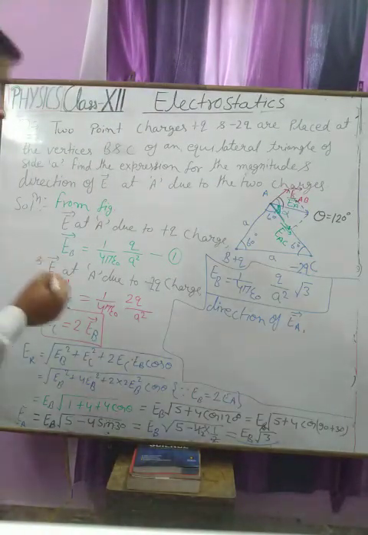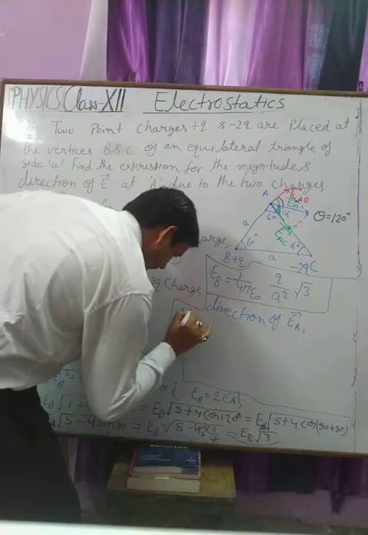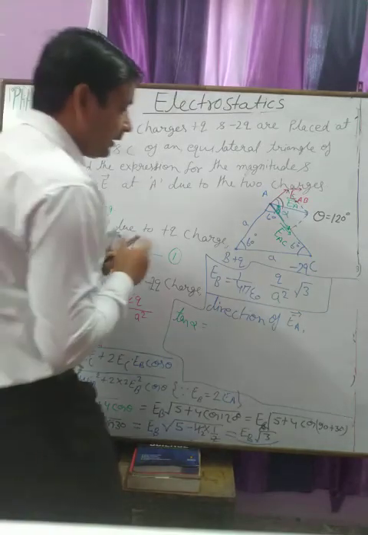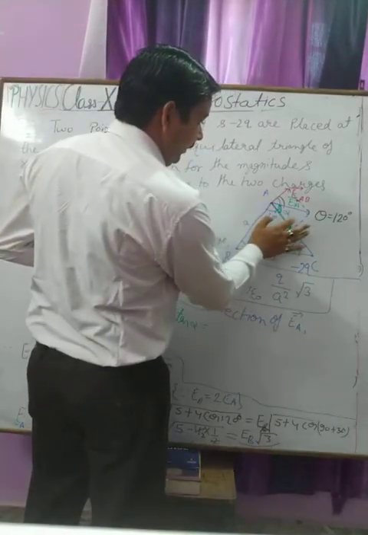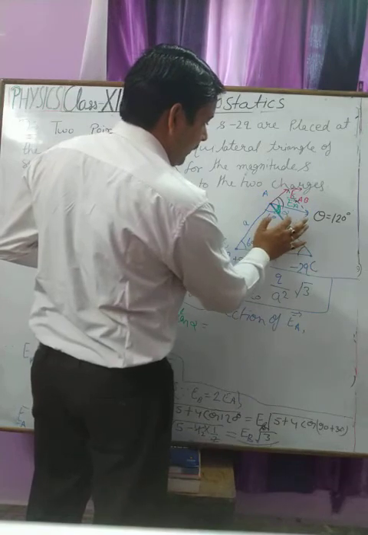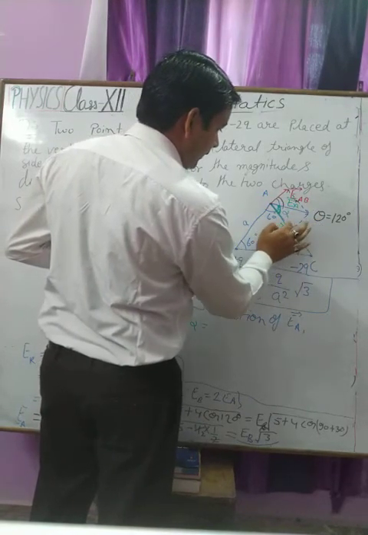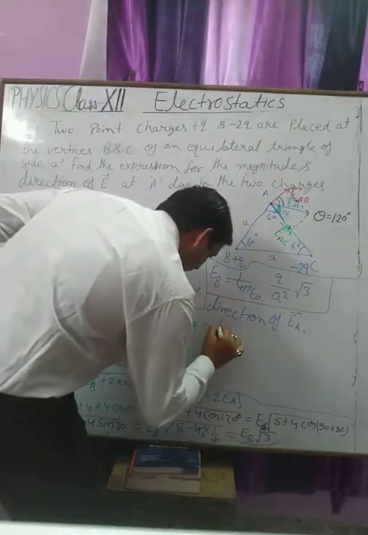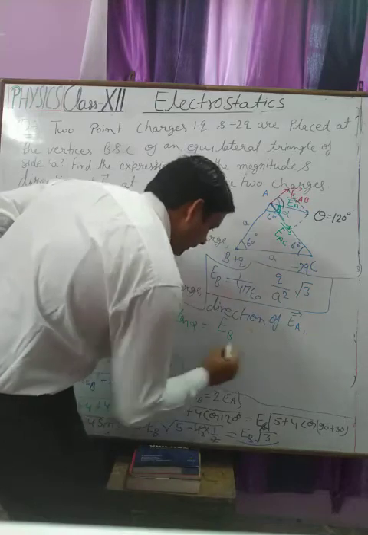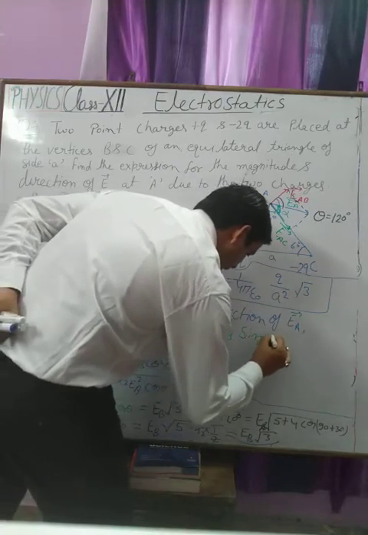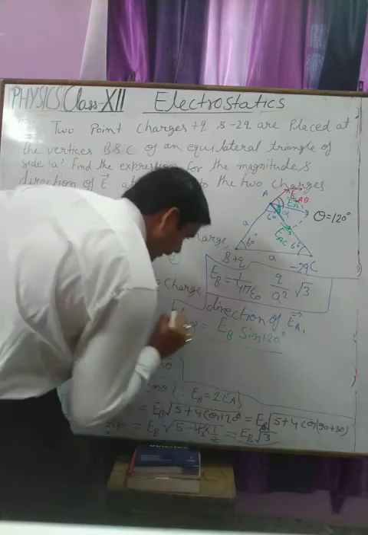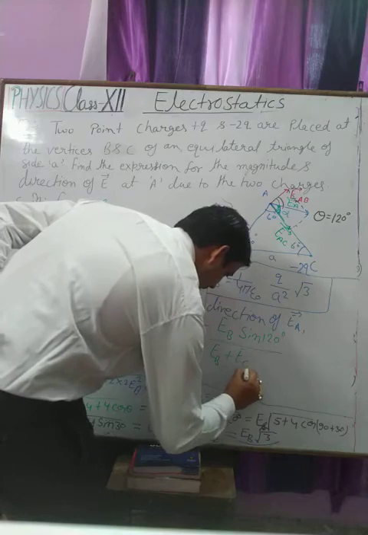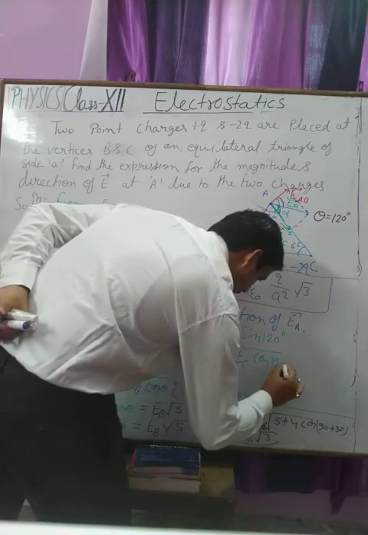So tan alpha is equal to EB sine 120 degree upon EB plus EC cos 120 degree.